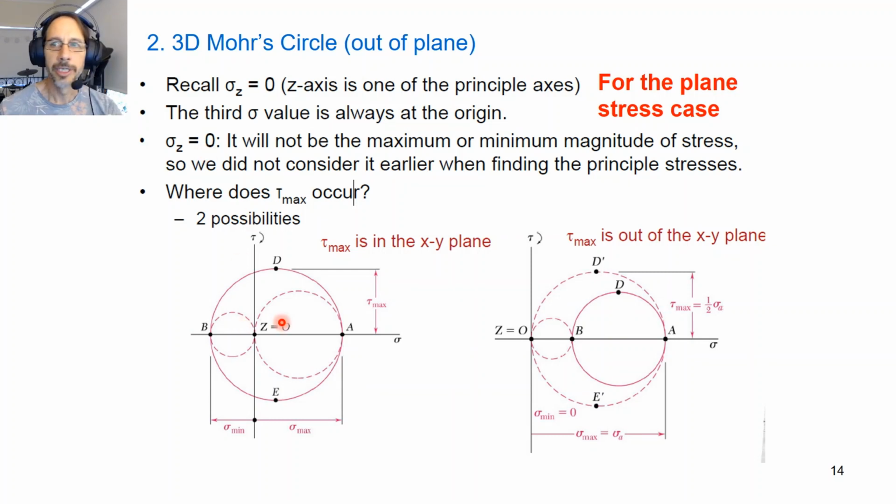When we look at the 3D Mohr's circle, if we have both of our principal stresses in the original XY plane positive, then we have a 0 normal stress in the Z direction. We still have this point here, so we can still draw our 3 Mohr's circles. So we still have this larger Mohr's circle that gives us our absolute maximum shear stress.